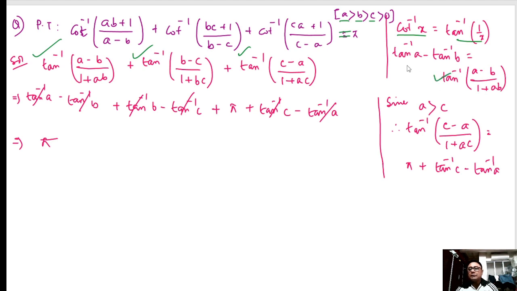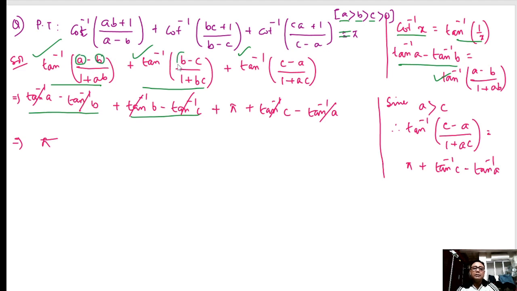So instead of this I can write this. This is actually tan inverse A minus tan inverse B. This is actually tan inverse B minus tan inverse C. Please note one thing, here A is greater than B, so directly we can write this.